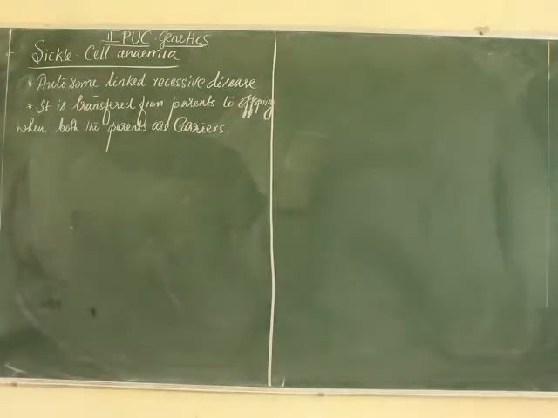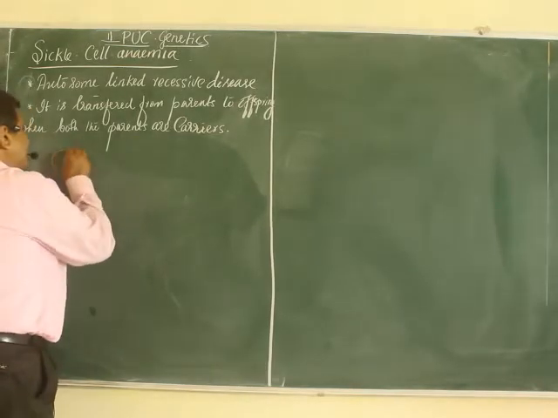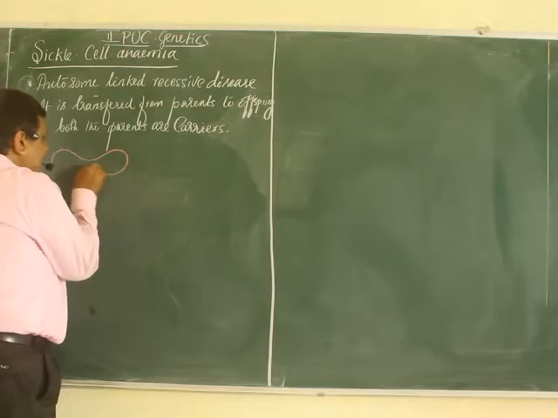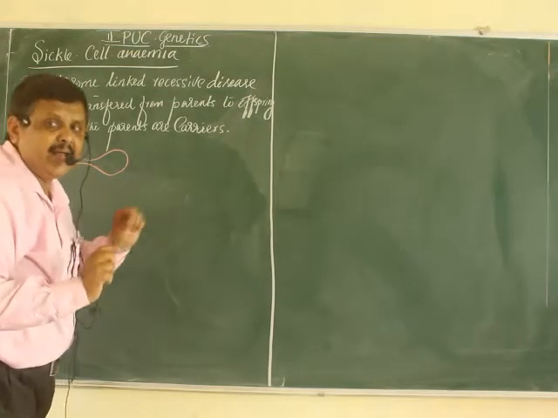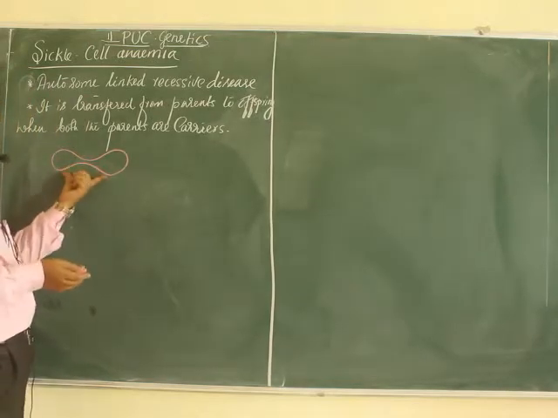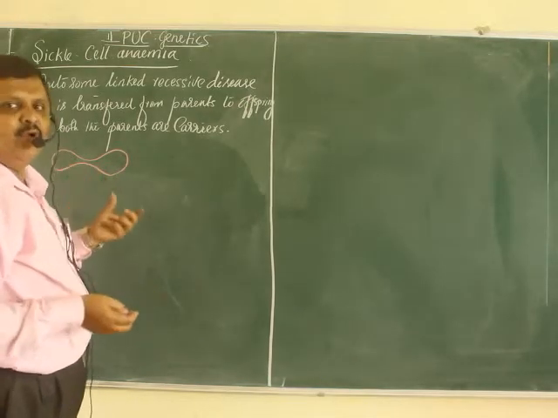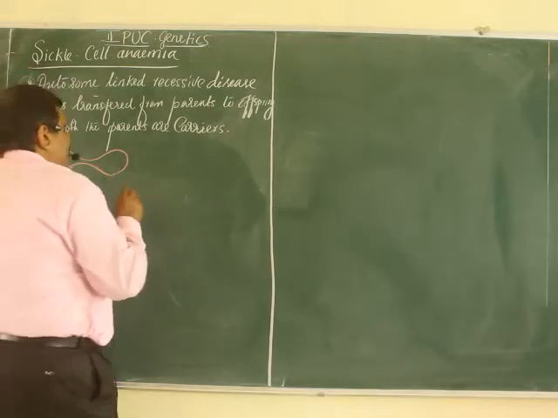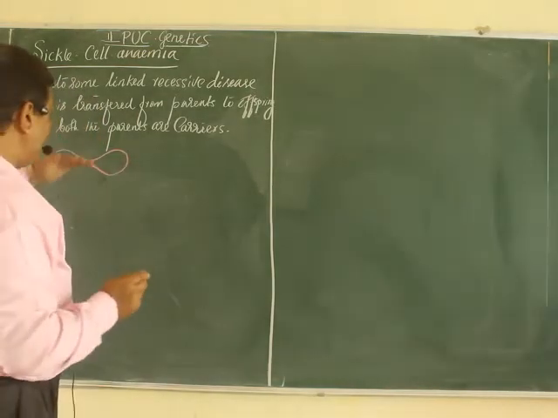See, you know that our RBC is dumbbell shaped or biconcave. This is normal, and only if it is in this shape is it able to carry the oxygen. From the lateral view, side view, I'm telling.